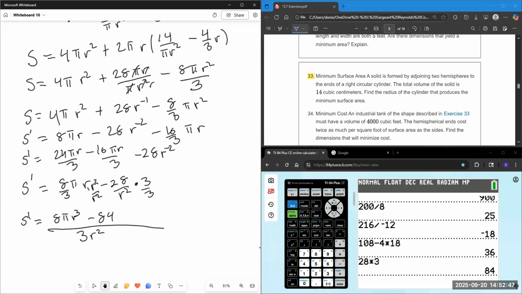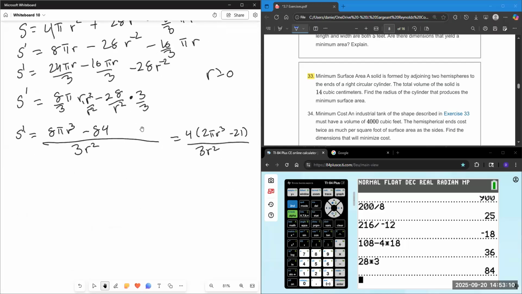And then I have a 4 that can come out: 2 pi r cubed minus 21 over 3 r squared. So r needs to be positive. H also needs to be positive, or could be 0 in this case, but r definitely needs to be positive here.